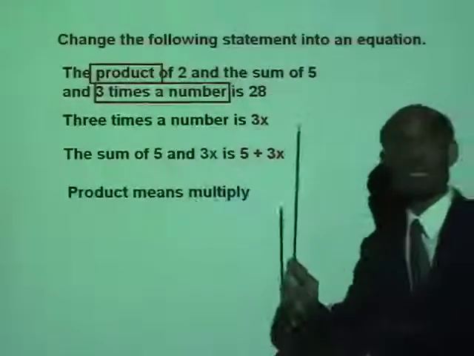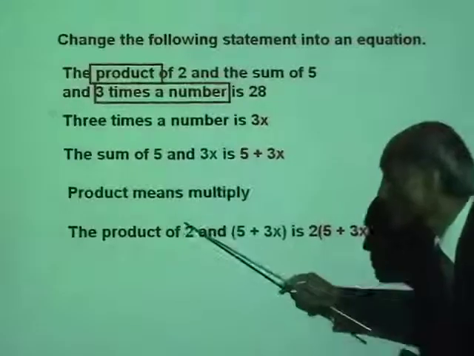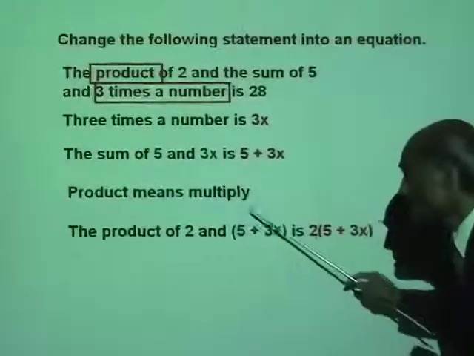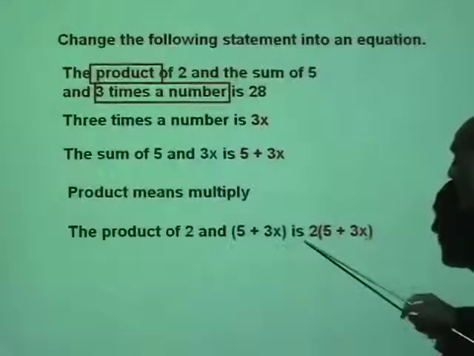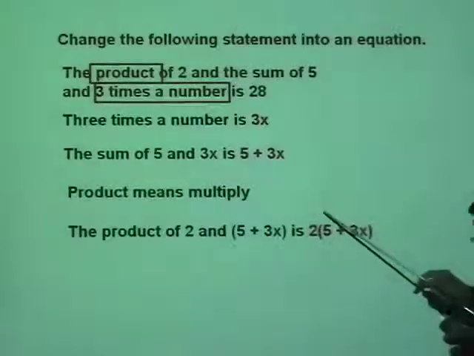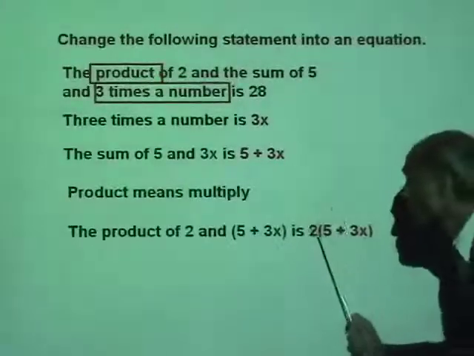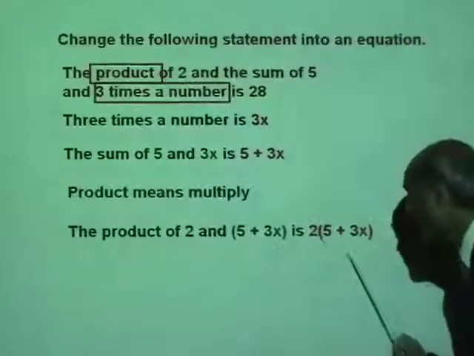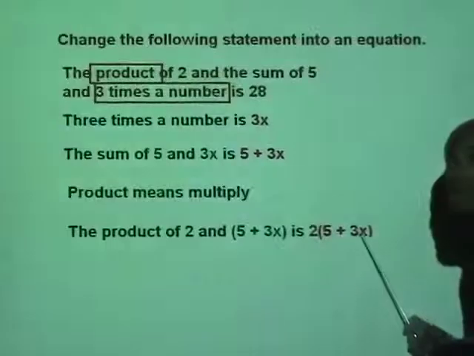So product means multiply. Product of 2 and the sum of 5 and 3 times the number is 2 times (5 plus 3x). This is the product of 2 and the sum of 5 and 3 times the number.